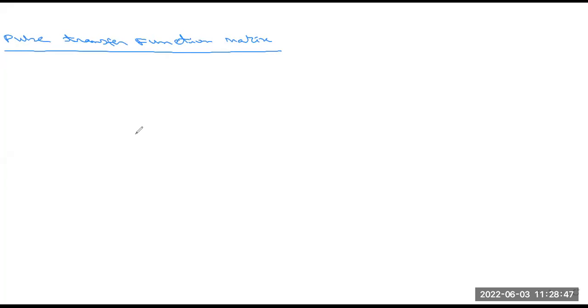A single input and single output discrete time system may be modeled by a pulse transfer function. Okay, SISO, that is single input and single output.